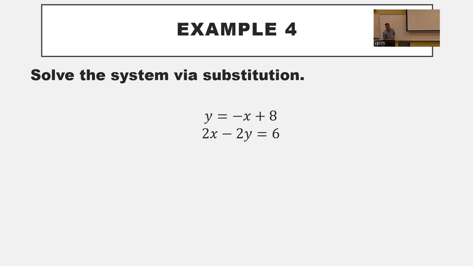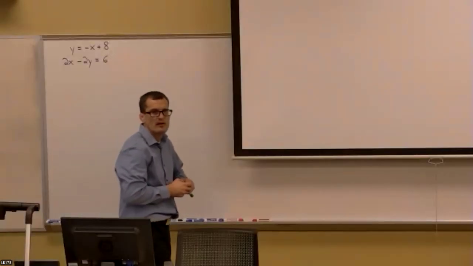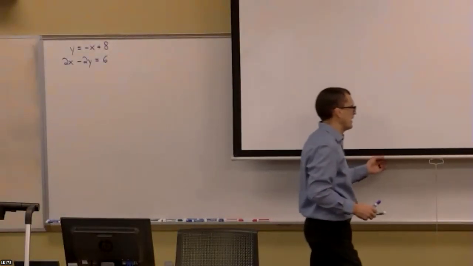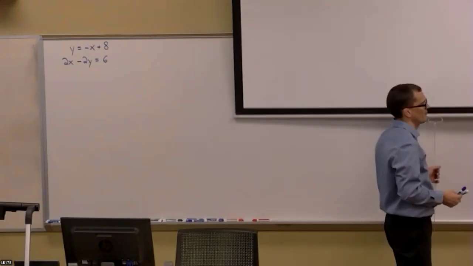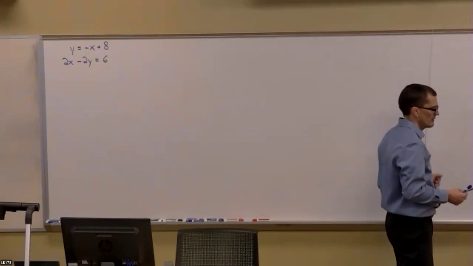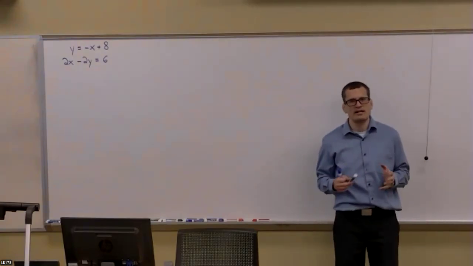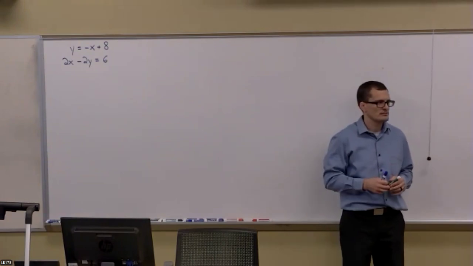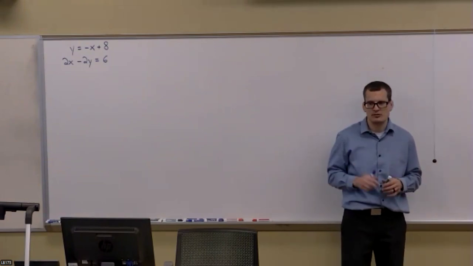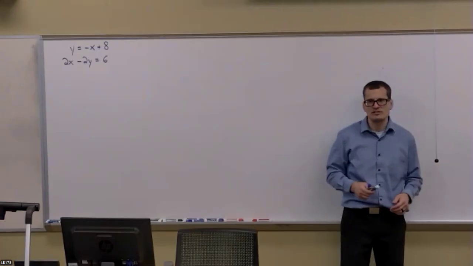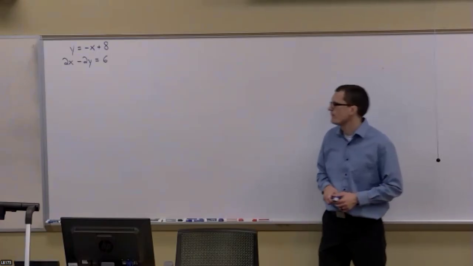This one is set up for us to do substitution. I know it's set up that way because we have y is equal to an expression in that first equation. So first equation, we have what we want.